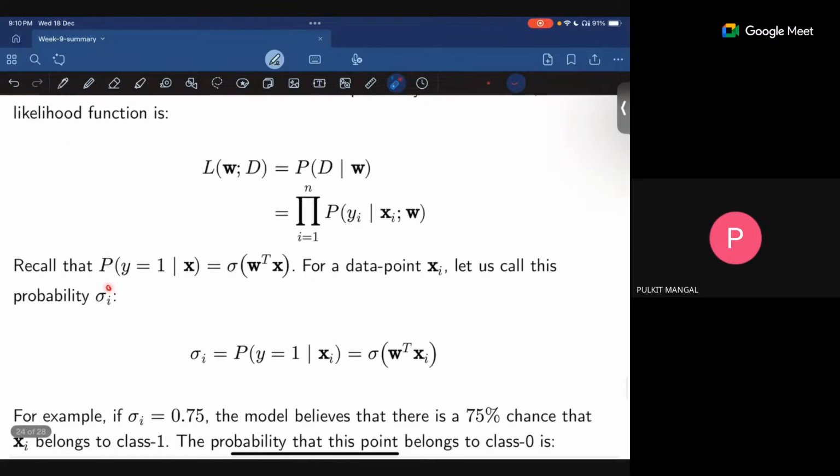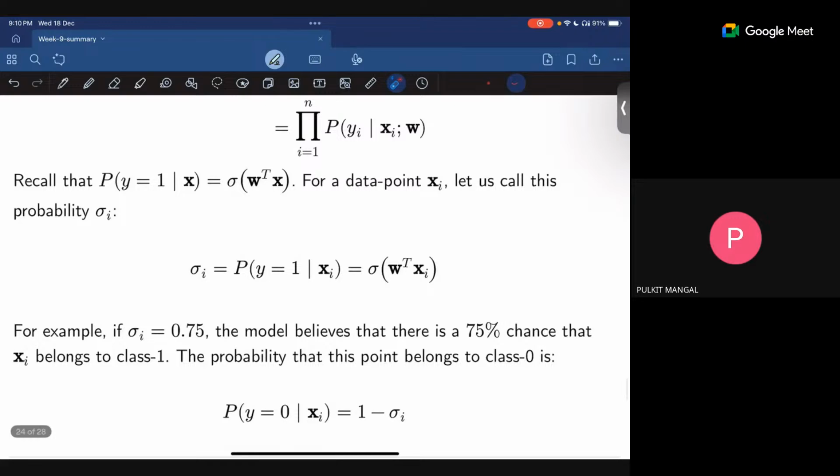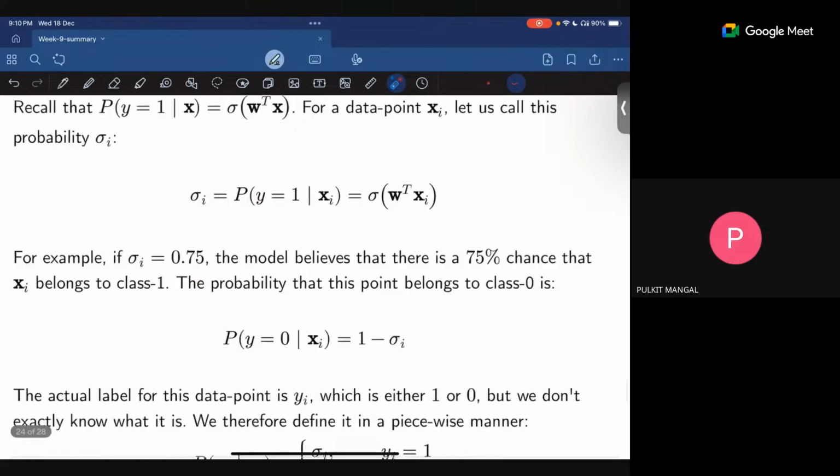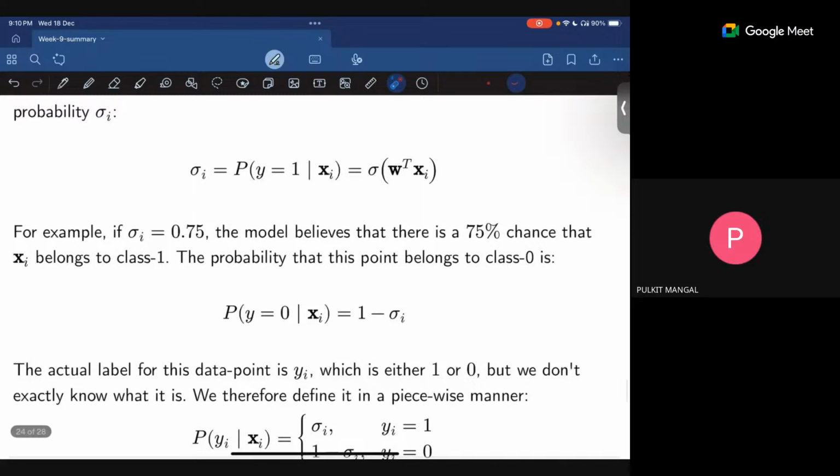Our probabilities are defined in the form of the sigmoid function value. For a data point, if the class is 1, the probability is sigma i. The interpretation is, if sigma i is 0.75, then the model believes there is a 75% chance that xi belongs to class 1.